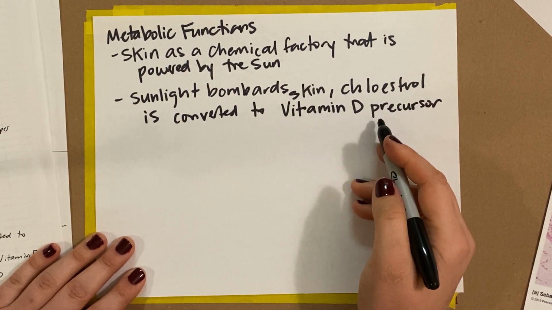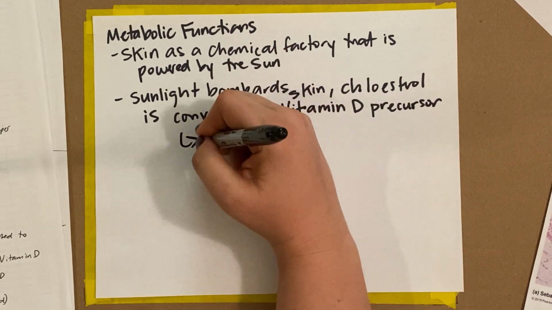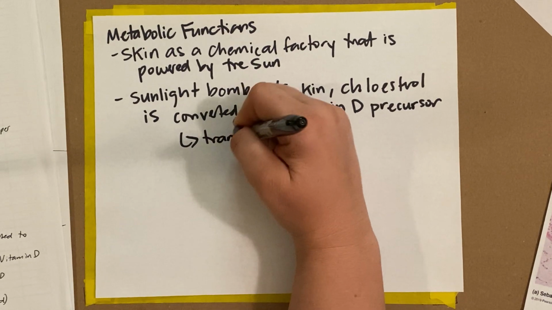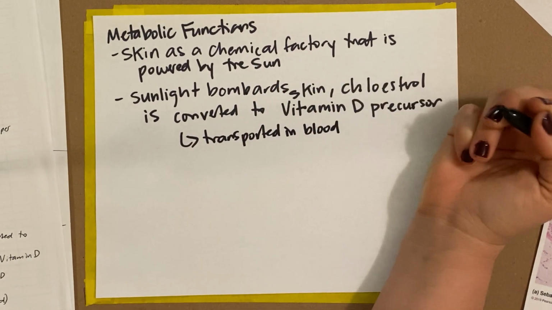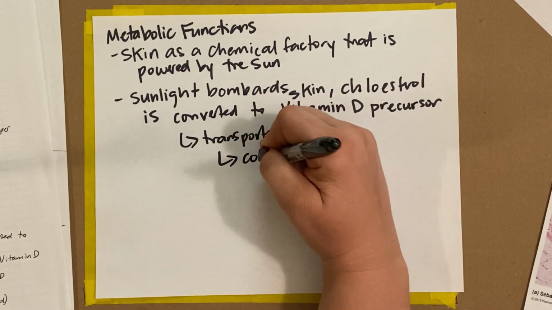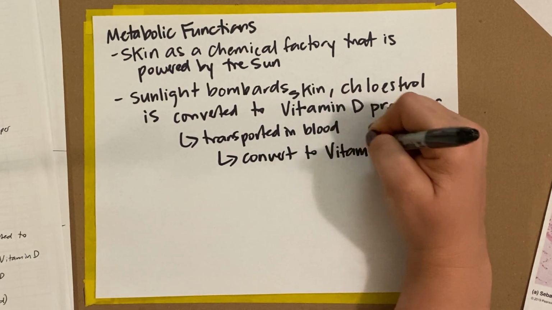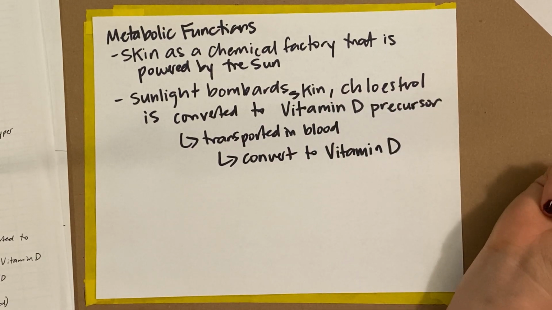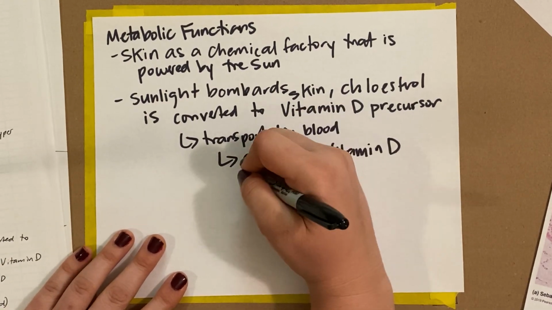That vitamin D precursor is then transported in the blood to different regions of the body that can convert it to vitamin D, okay? Now, vitamin D is really important in calcium metabolism.